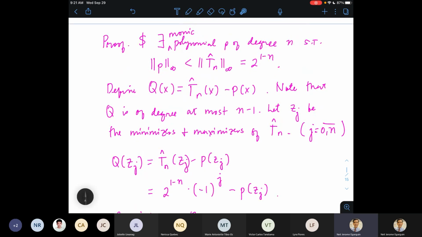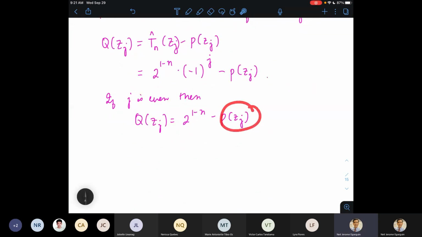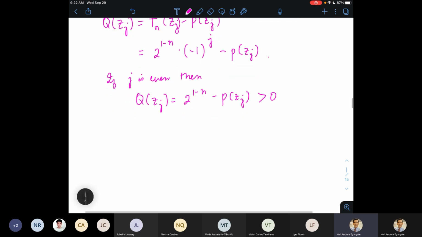So the maximum value of P cannot exceed 2 to the 1 minus n. So 2 to the 1 minus n minus something less than 2 to the 1 minus n will be positive. Right? Okay, I hope that's clear.